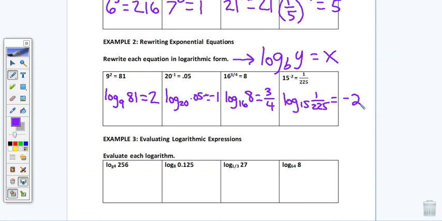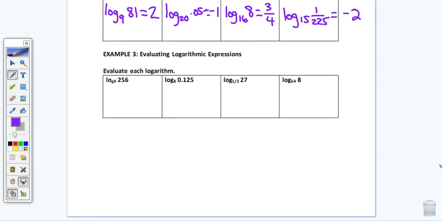Okay? All right, so let's get into this and let's evaluate this. Now, guys, this is where I get kind of concerned. Example 3. People all of a sudden see this and they're like, Parson, I don't know what to do. And I'm going to be like, okay, let's talk. A couple of different ways we can do this. Okay? First of all, this says log, and this should be log base what here, kids, of 256?